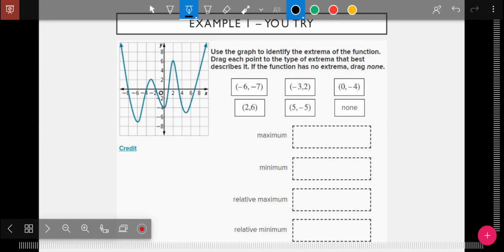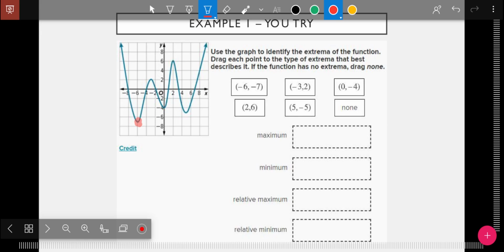You try. Pause the video, give it a try. All right, hopefully you were successful. Let's talk about each of these points here. This is the first point I see. It's (-6, -7).